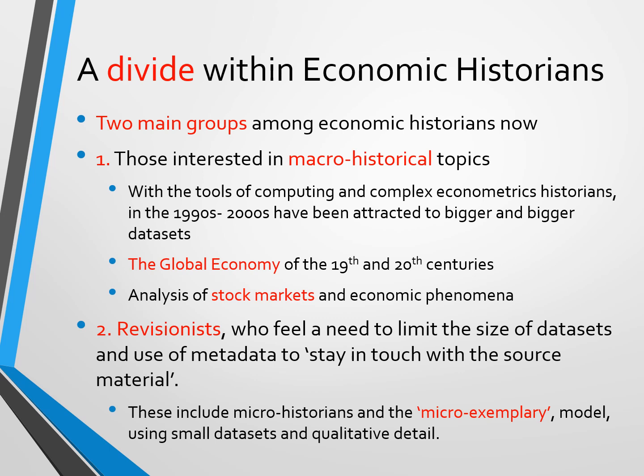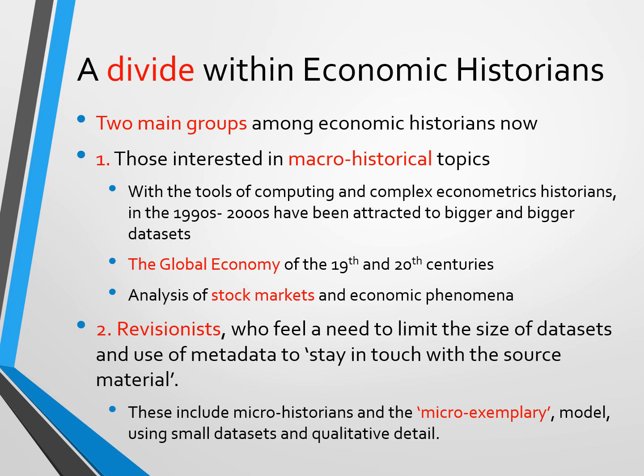Now, the second group of economic historians today are revisionists who feel that we absolutely must limit the size of data sets and limit the use of metadata so that we can stay in touch with the source material.